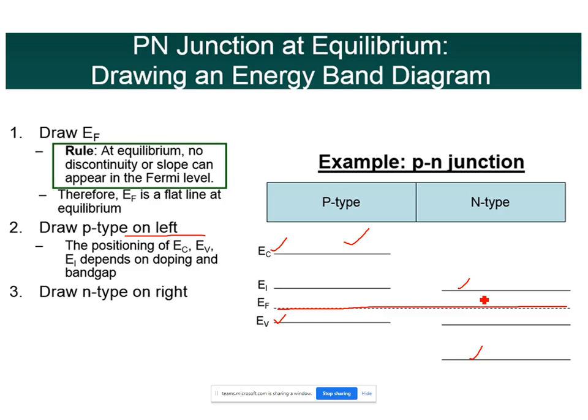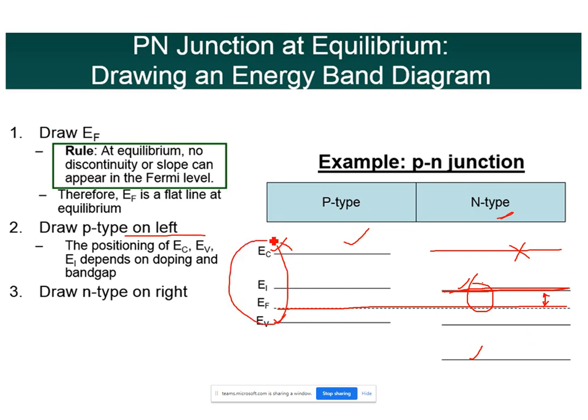We have already seen that in n-type material the Fermi energy level is very close to the conduction band. Hence, the conduction band is drawn here. I can't draw the conduction band there, it is not allowed, because in n-type material the conduction band is nearer to the Fermi energy level, so it is very near.